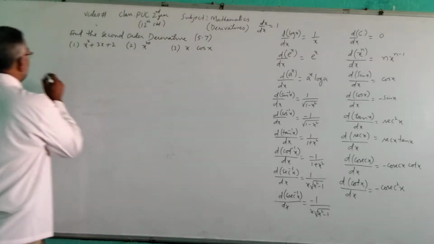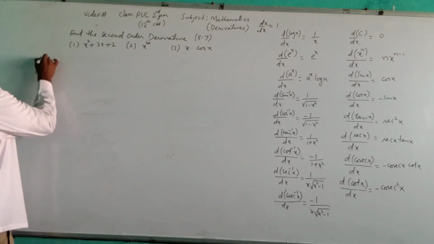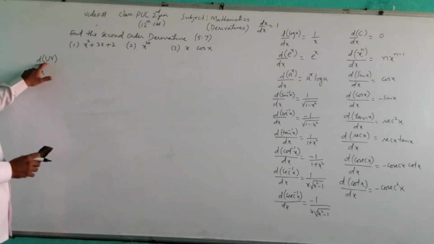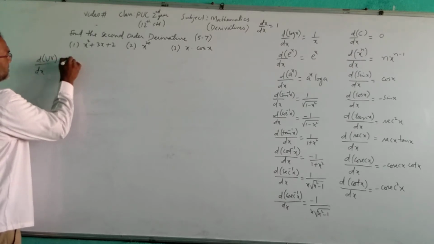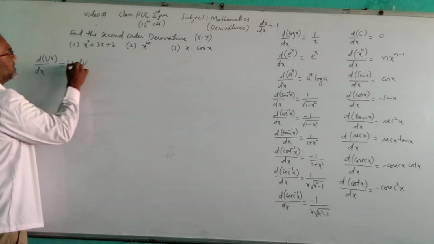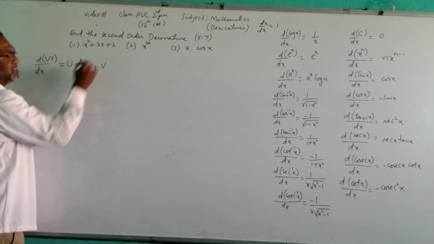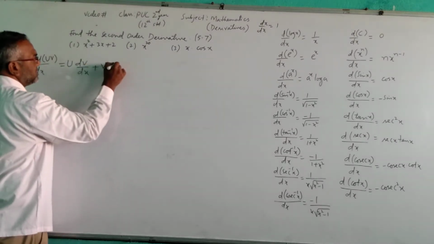The formula of the product rule is, if there are two functions u and v in product, then the differentiation will be equal to u as it is, the first function as it is, then differentiation of the second, plus the second function as it is, then differentiation of the first.